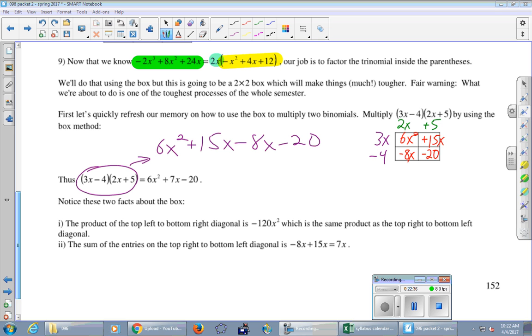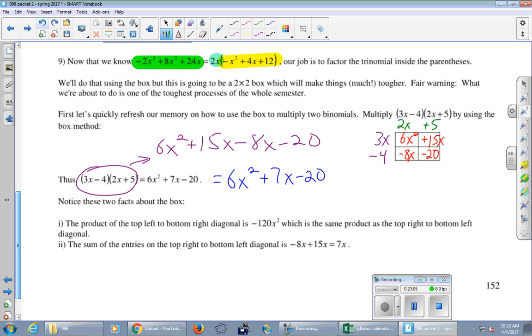And then remember, one nice thing about the box is that if you line things up, then the like terms are always on a diagonal. So in this case, these are the like terms right here, right? 15x and negative 8x. And so when we smush those together, we get 6x squared plus 7x minus 20. Good? Okay. All right, so multiplying with the 2x2 box is pretty easy.